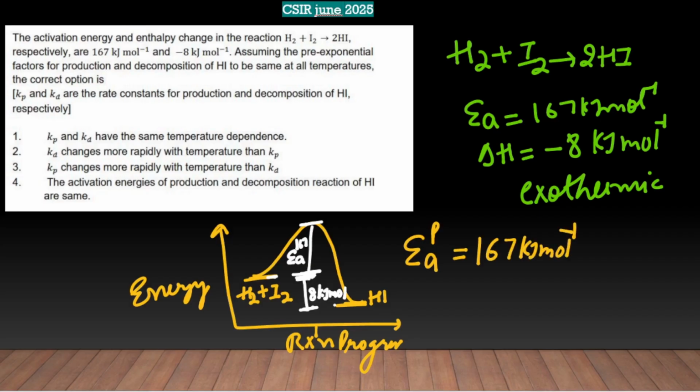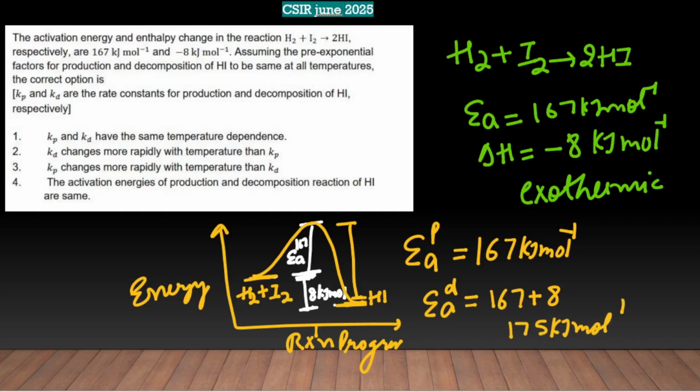But for the decomposition, it is going backward, that is from HI we will be getting H2 plus I2. For that, the total activation energy we have to provide is 167 plus 8, that is 175 kilojoules per mole. That implies the activation energy for the production is less, but for the decomposition it is more.